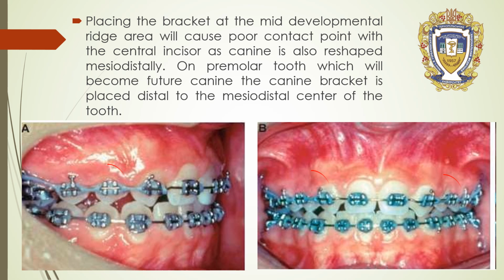Placing the bracket at the mid-developmental ridge area will cause a poor contact point with the central incisor, as the canine is also reshaped mesiodistally.